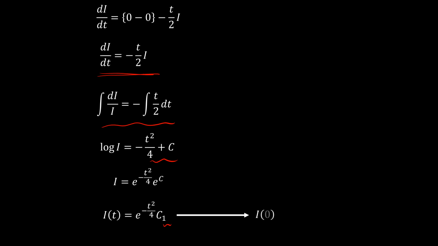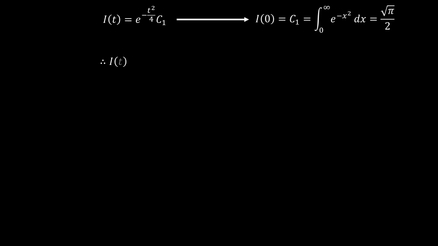When t is 0, that means it's the constant c1, which is the integral from x equals 0 to x tending to infinity of e to the power negative x squared dx, which is root pi over 2. And that means that our I is root pi over 2 times e to the power negative t squared over 4.